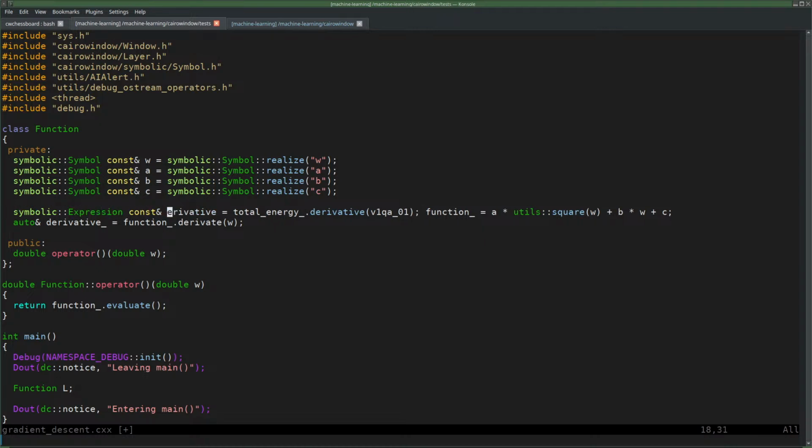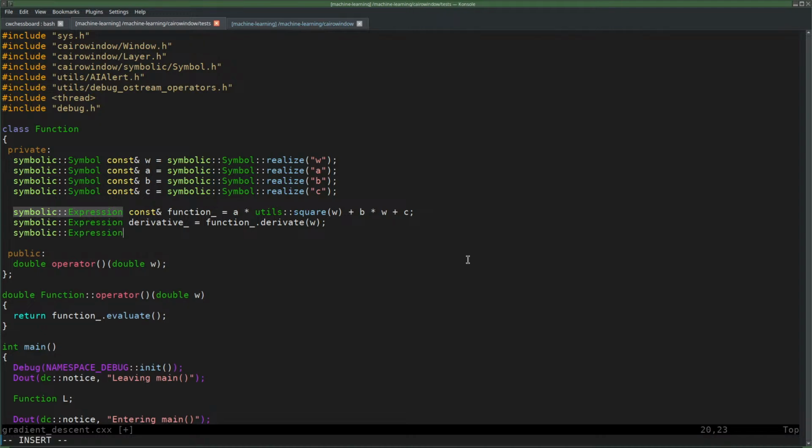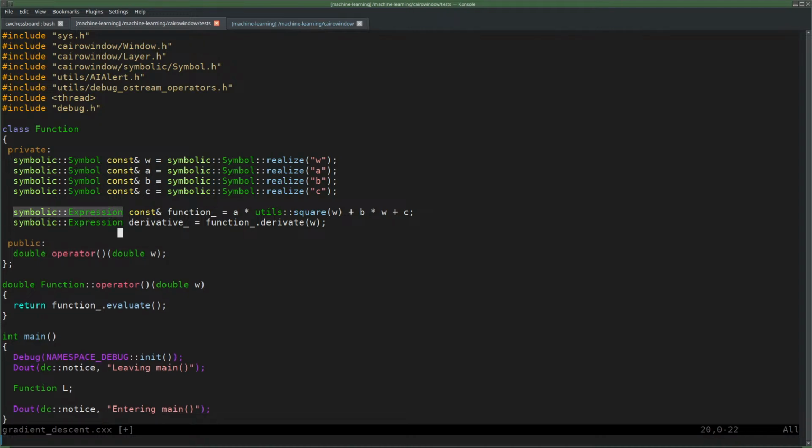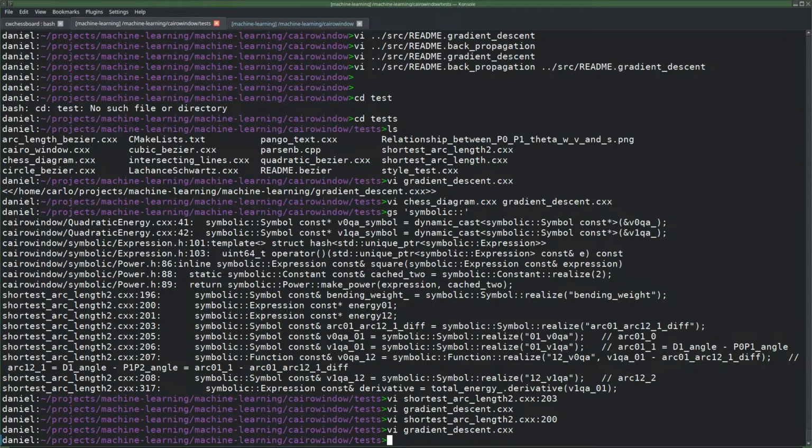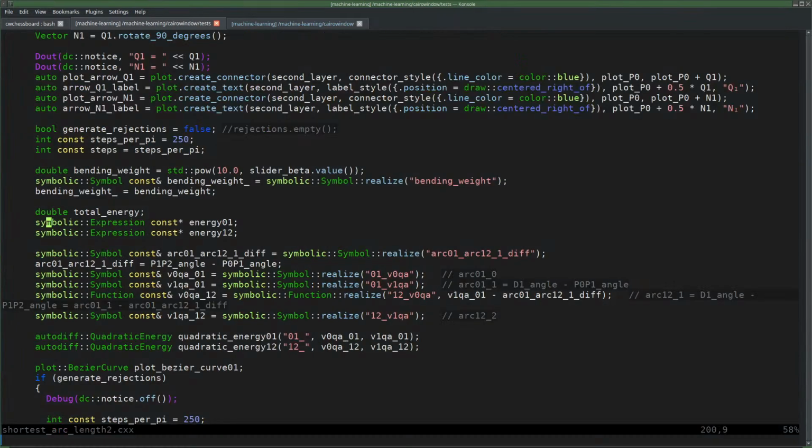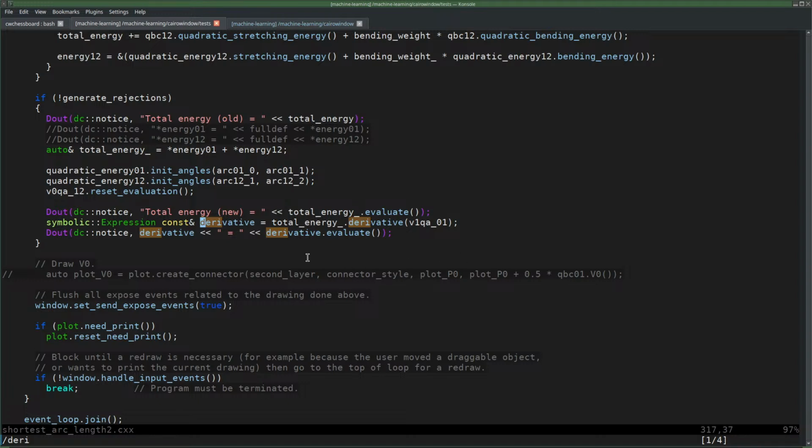Expression, derivative, and function. So I wrote derivative wrong. Oh god, no, I'm stuck with that one. Derivative, I don't know what I wrote wrong, but what is the function here?